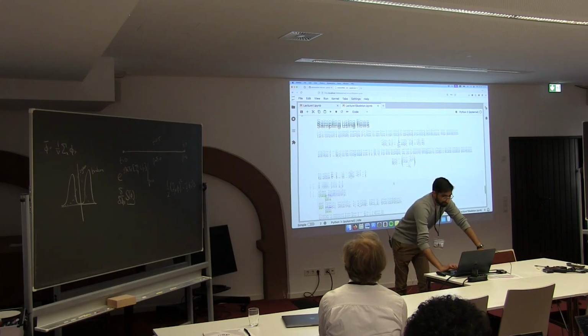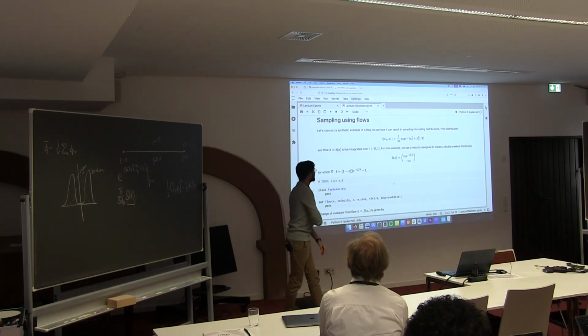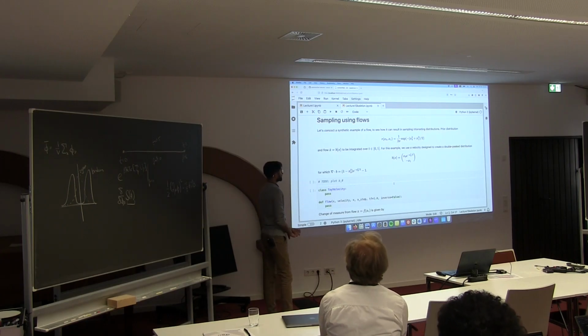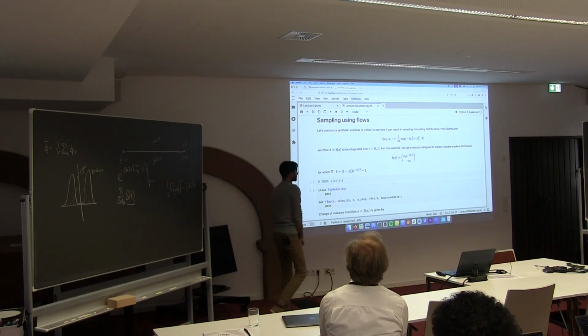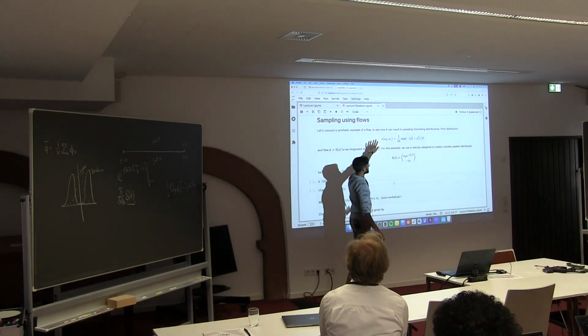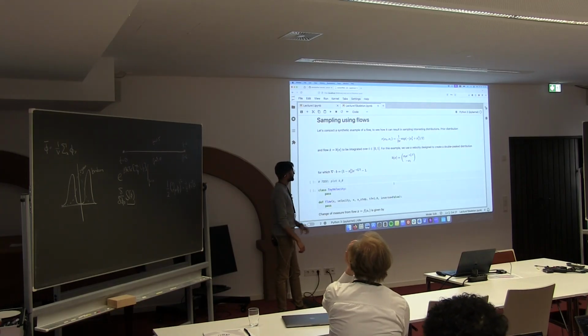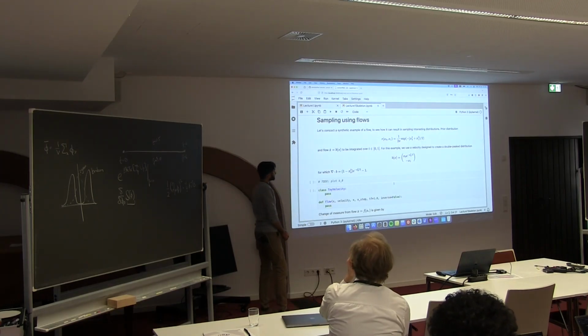OK, so as you can read up here, I've just come up with some very arbitrary synthetic flow transformation that we could apply. So the prior distribution is a very straightforward one. It's just on my 2 variables. They're both a unit variance Gaussian.